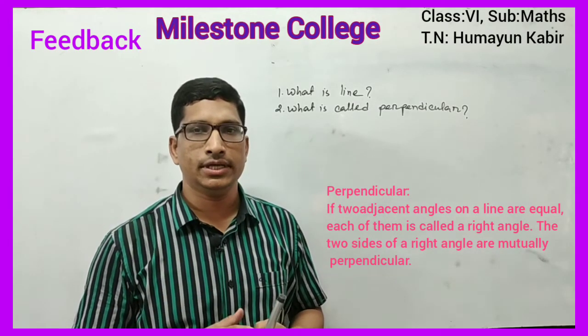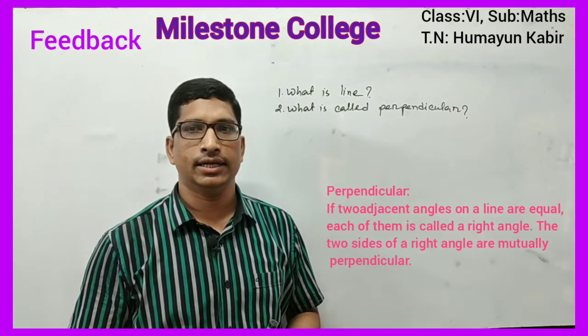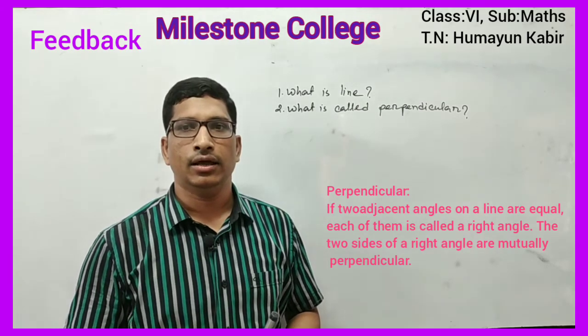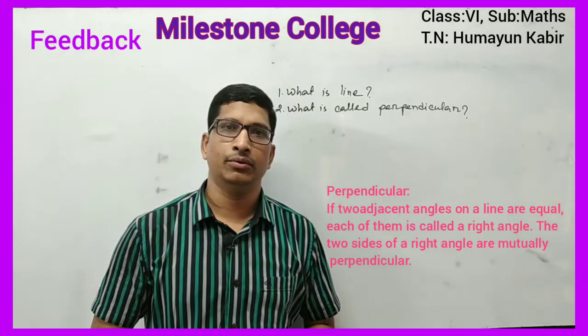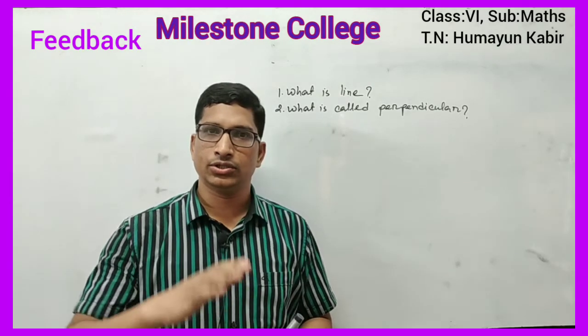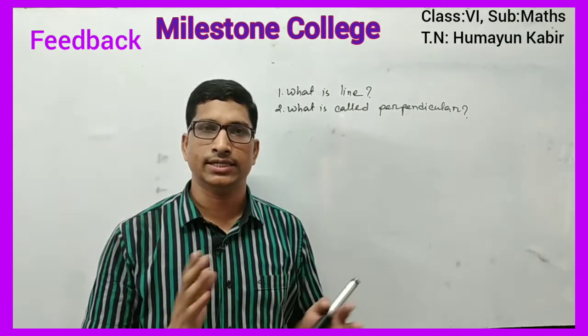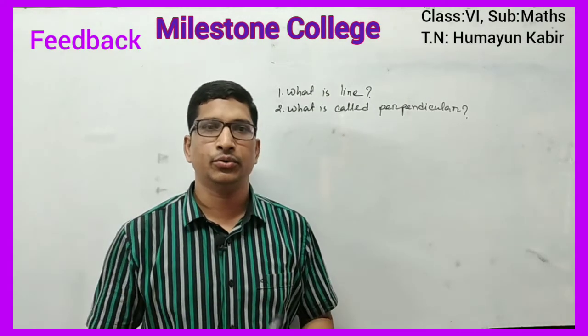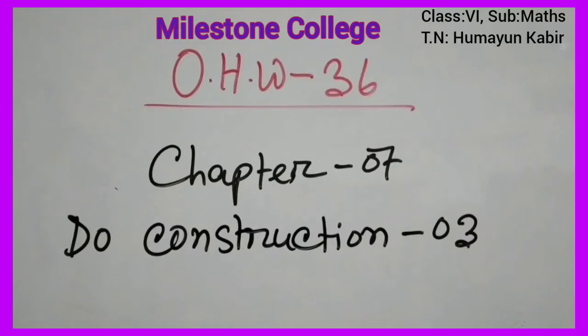Each of them is called a right angle. The two sides of a right angle are mutually perpendicular. And here you should remember that in perpendiculars, the two sides form a right angle, that means the measurement will be 90 degrees.